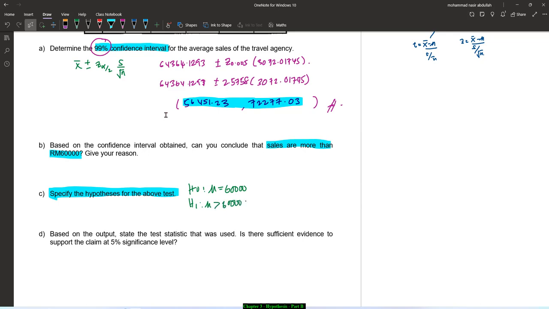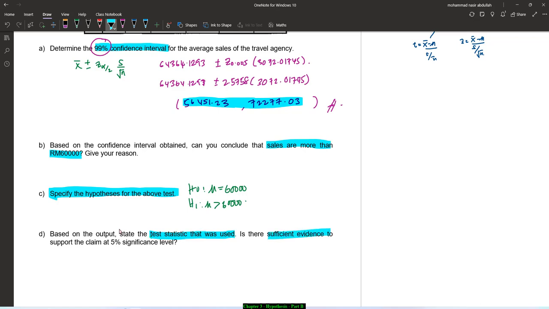So this is the alternative hypothesis. So based on the output, state the test statistic used.